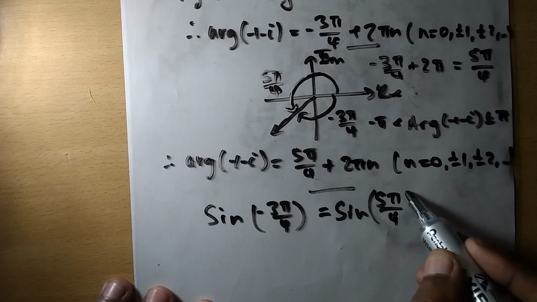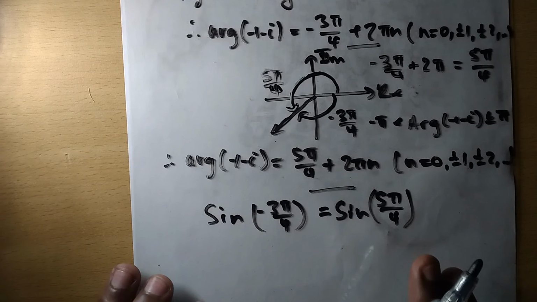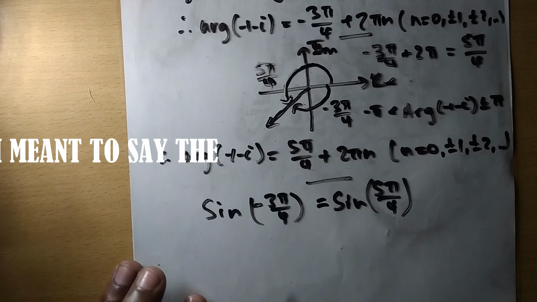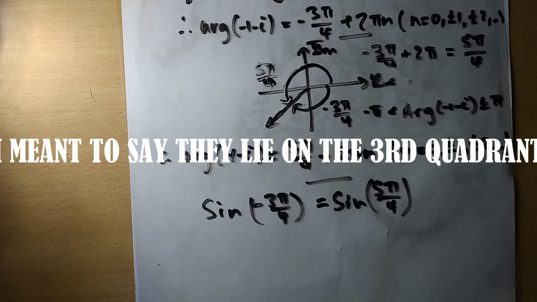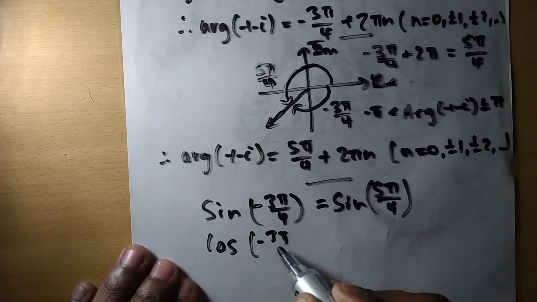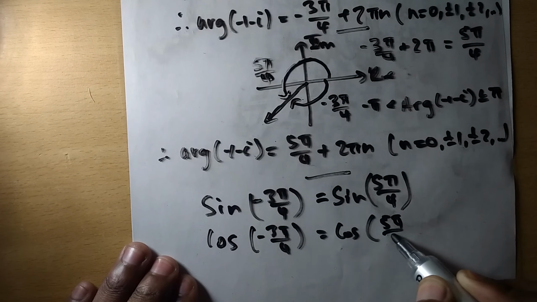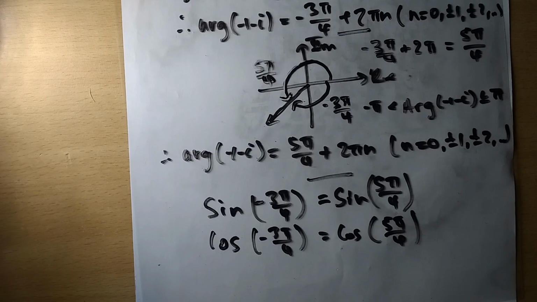For us to see whether these two angles are equal to one another, they're both going to be negative, as I can see already with this negative sign, and they both lie in the fourth quadrant. In the fourth quadrant, tan is positive, sine is negative. Even with cos, guys, cos of negative 3 pi over 4 should be equal to cos of 5 pi over 4. Then we can say that those two angles are coterminal angles to one another.